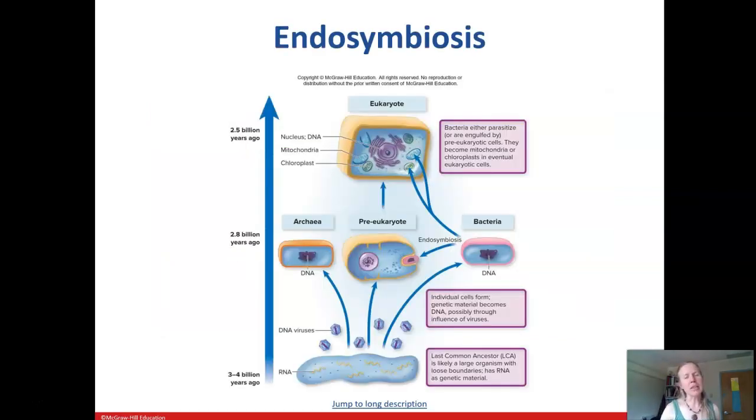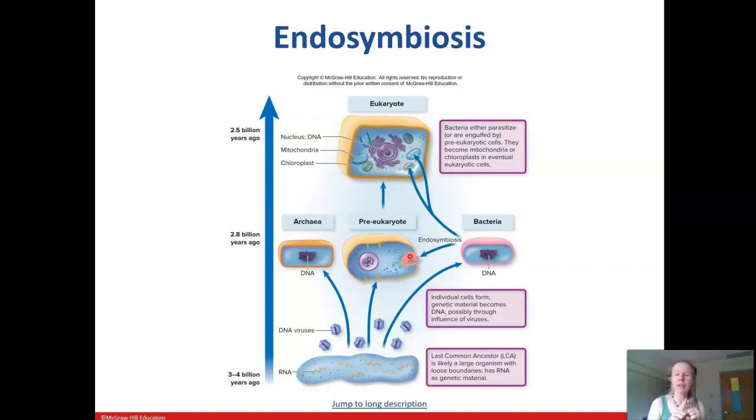You probably talked about this in Gen Bio, but just a quick reminder, in this chapter, they talk about the theory of endosymbiosis. And this is the idea that an organism, and they did a nice job here, they're calling it a pre-eukaryote. Notice it's not a bacteria engulfing another bacteria, but this ancestor of a eukaryote that did engulf a bacteria.